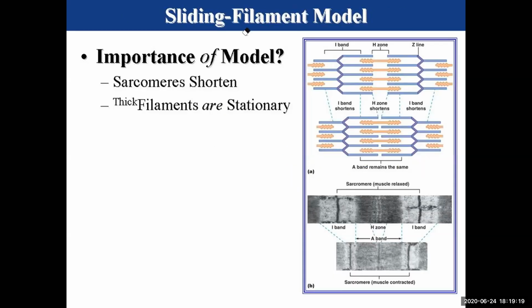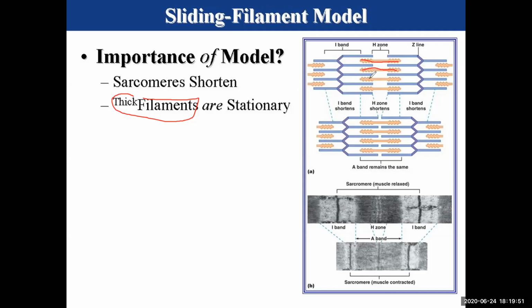So the importance of the sliding filament model is that it explains muscle contraction at the molecular level. So sarcomeres become shorter. Thick filaments are stationary. So you have here your thick filaments. I'm going to highlight it here. The thick filaments remain stationary.